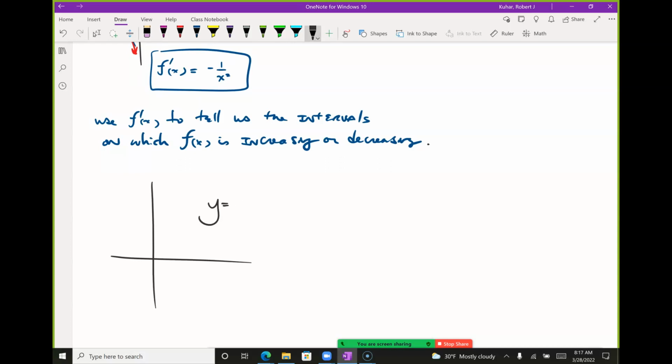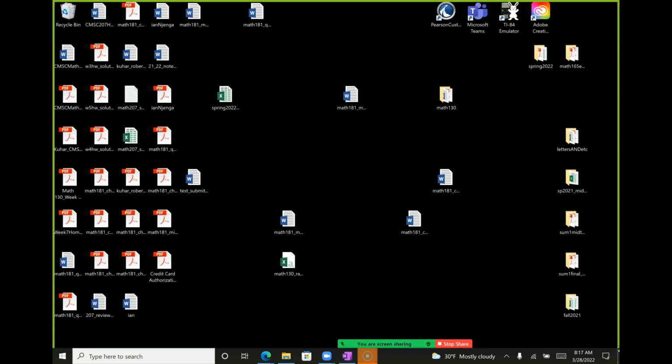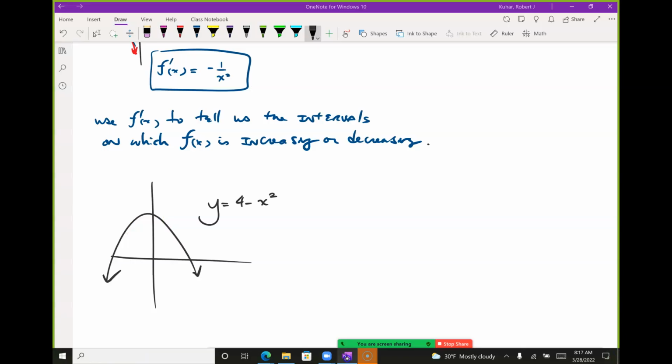Let's look at a nice simple one, maybe y equals 4 minus x squared. You can definitely see that this function is increasing at first and then decreasing. We read left to right in mathematics, so we're following that curve left to right. What's our derivative? What's y prime?